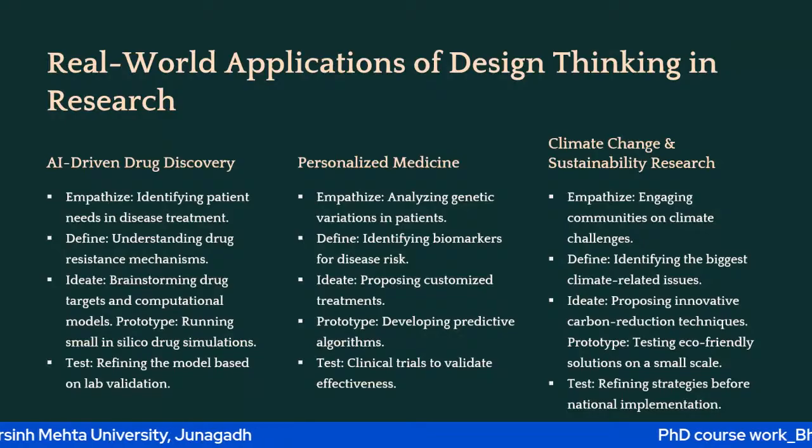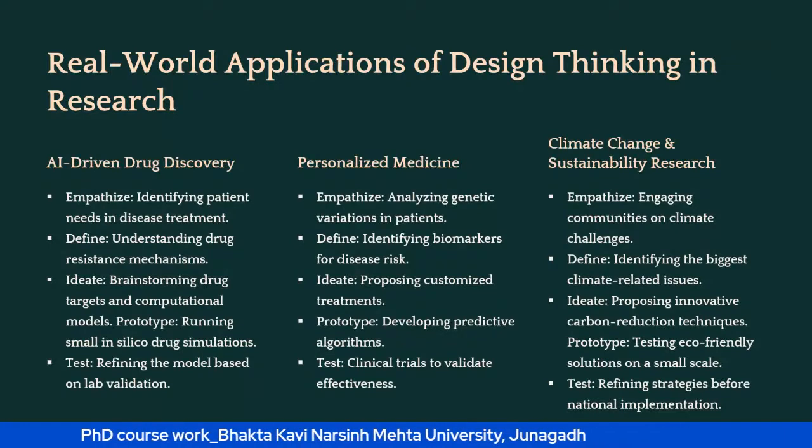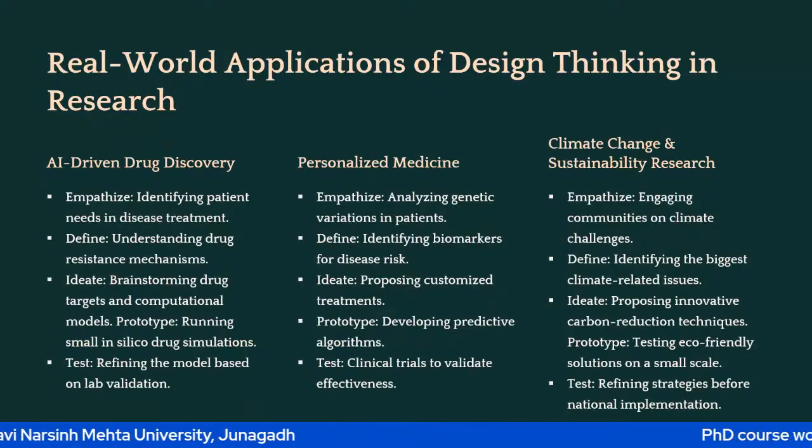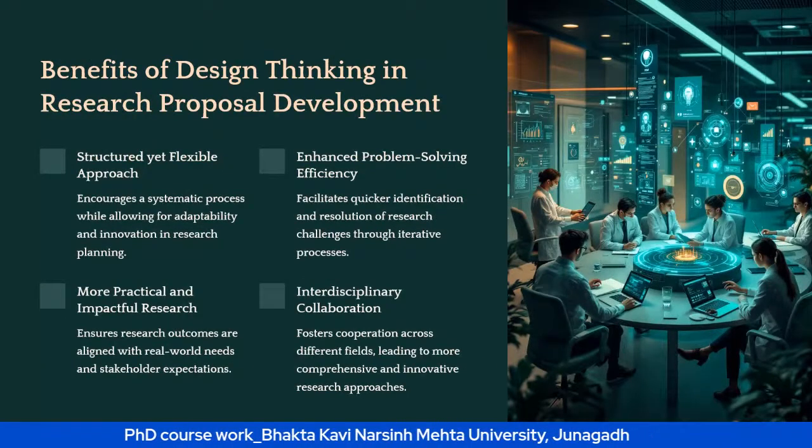In the ideate stage, I have to brainstorm drug targets and computational models. For the prototype, I have to run a small in silico simulation and so on. And in the final test, I have to refine the model based upon lab validation. So like that it will go for the different aspects. I will not be reading all of this, but this is a way by which you can go about the first part.